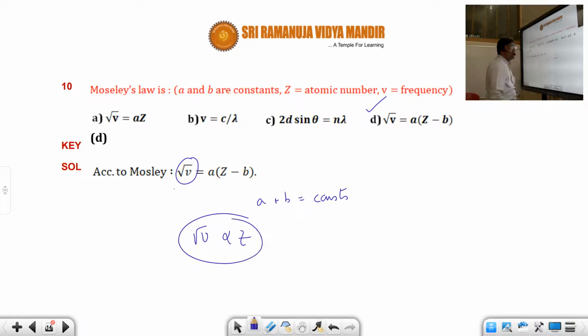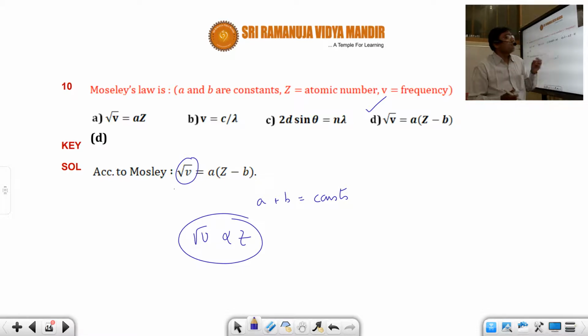Very, very important. Students, to your surprise, in periodic classification, he came to the conclusion that periodic properties are direct functions of atomic number. How did he arrive at that conclusion? By conducting this experiment.